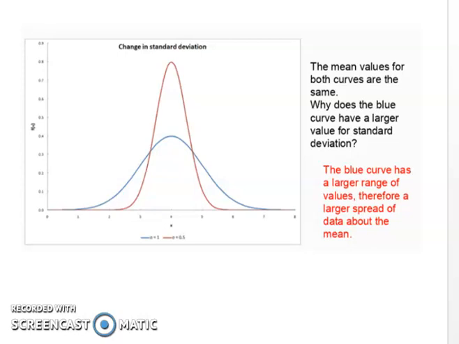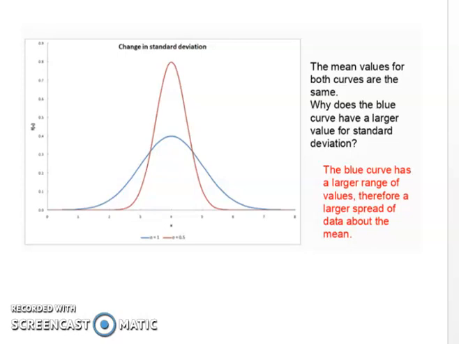However, for the blue one, the data has a much larger spread around the mean, and what I mean by that is we've got a lot more here and here, whereas our red one has exactly the same range, it has exactly the same mean, but all the data is clustered around this mean area, so this has a smaller standard deviation.